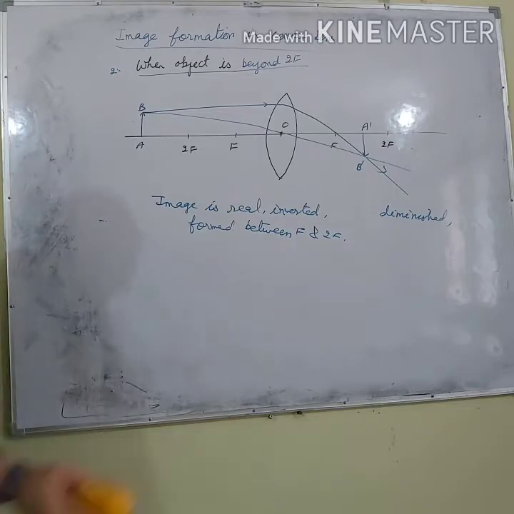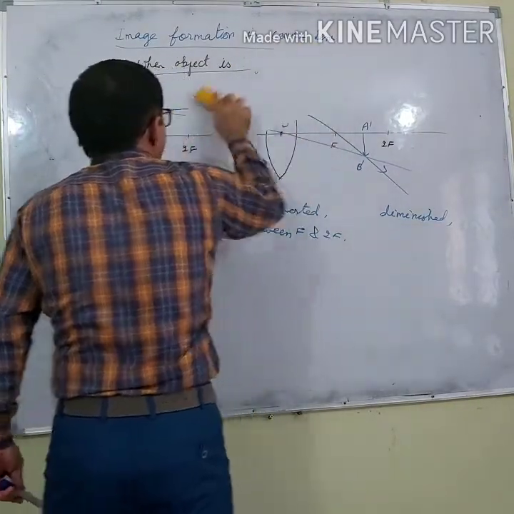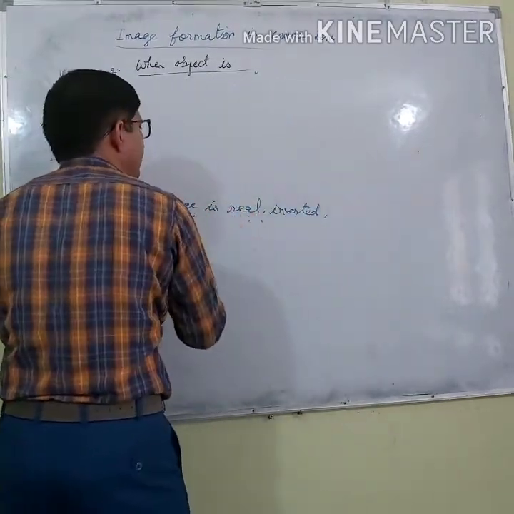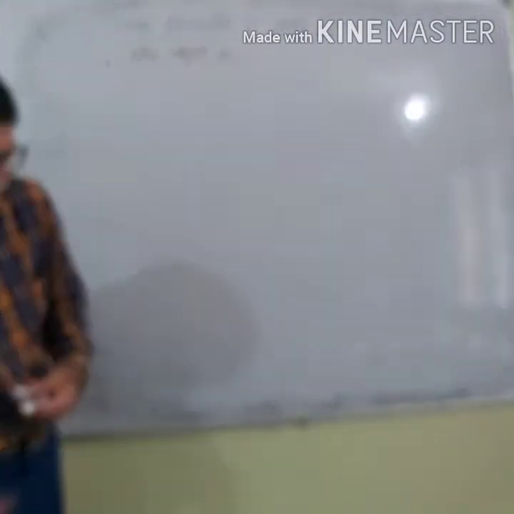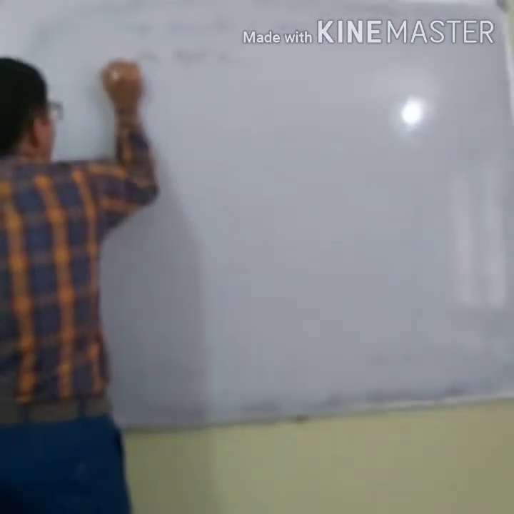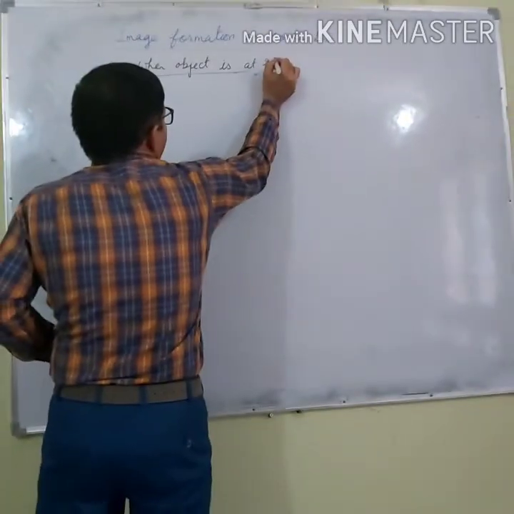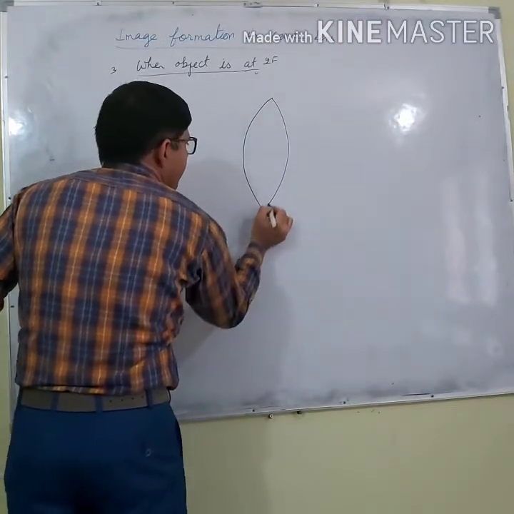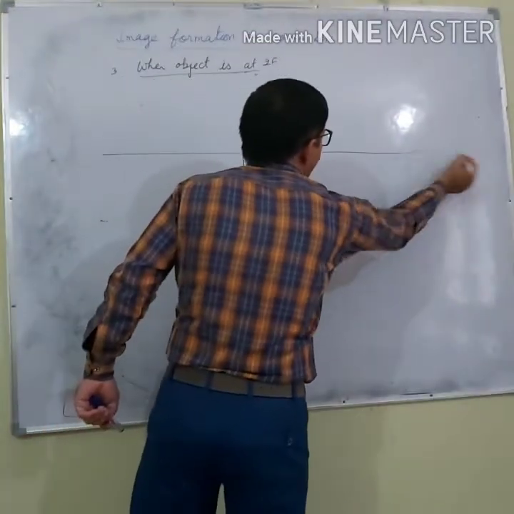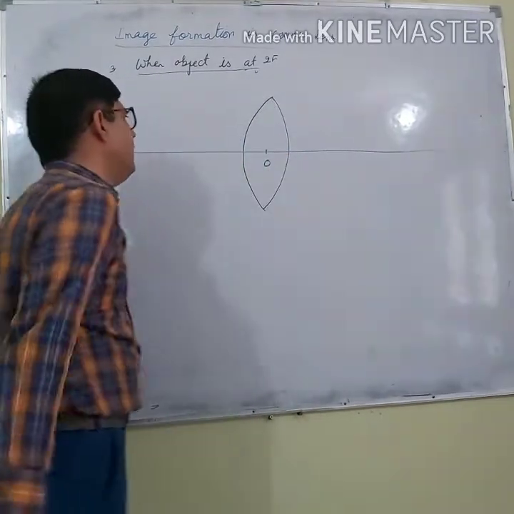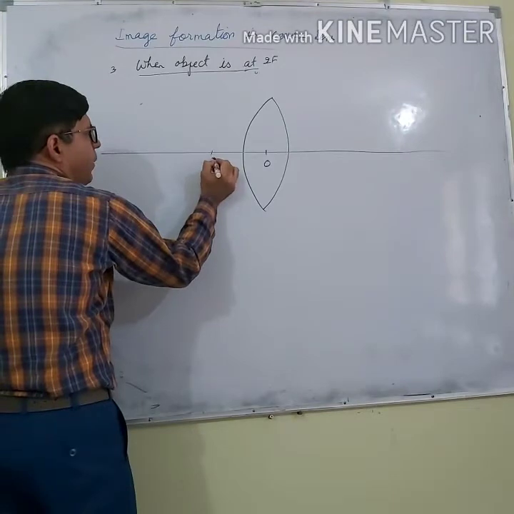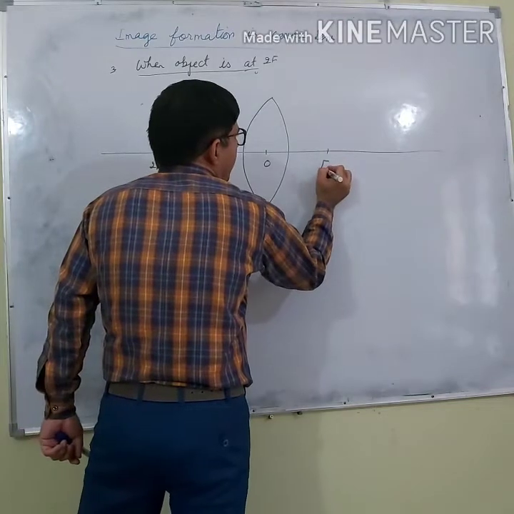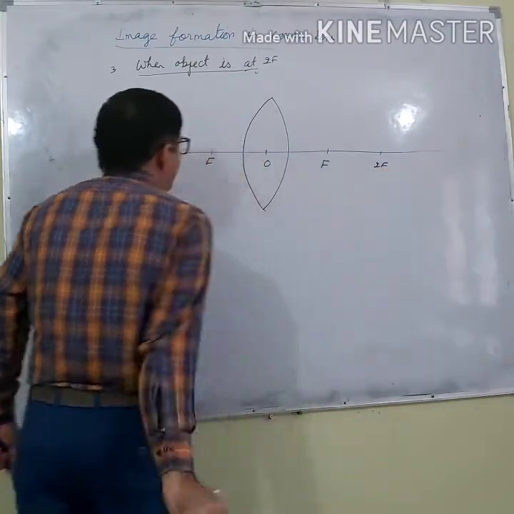Now let's move to the third point. When object is at 2F. What happens when object is at 2F? Let us say this is convex lens and this is principal axis. 3 centimeter mark a point F, further 3 centimeter mark 2F, then 3 centimeter mark F, mark 2F.